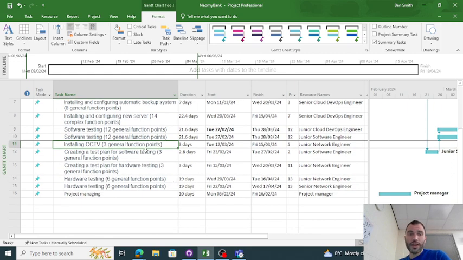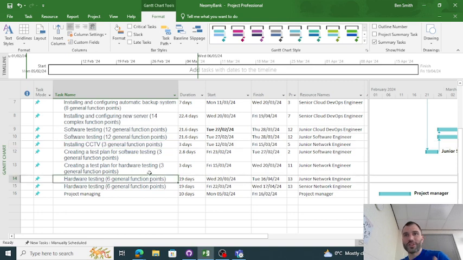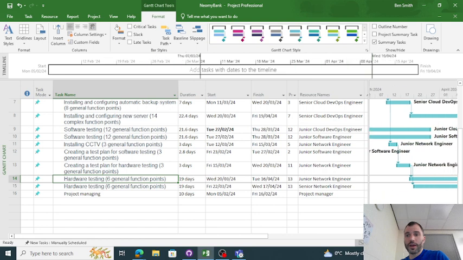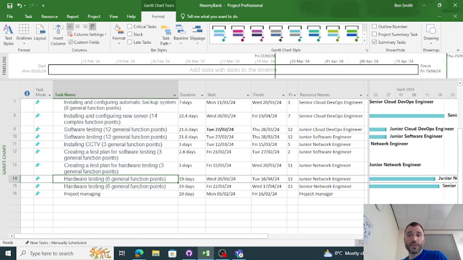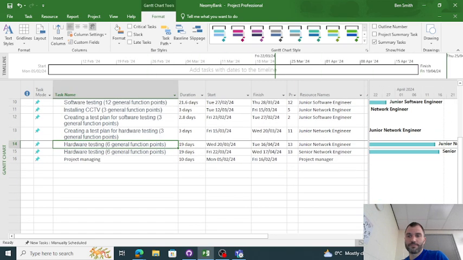And then he was also working on hardware testing, so that testing phase also got pushed forward as well. But I didn't end up going over the end of the time still, so I still managed to stay within that task.